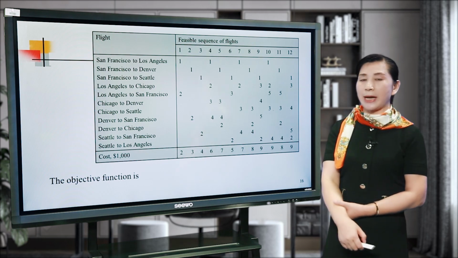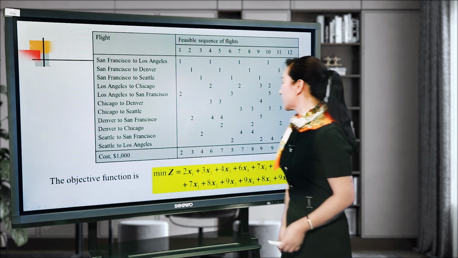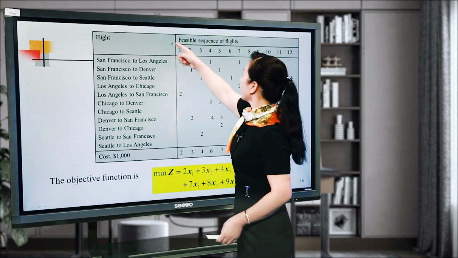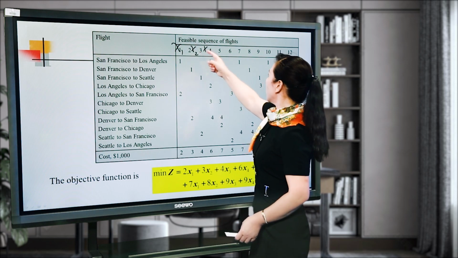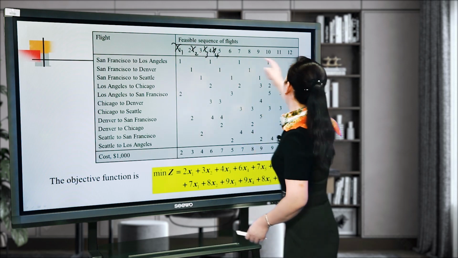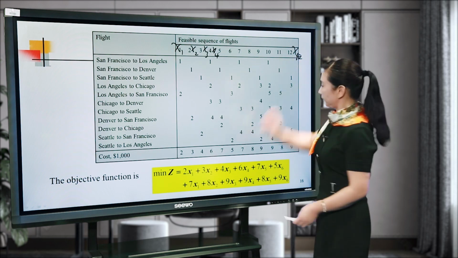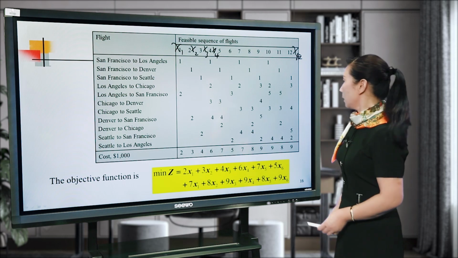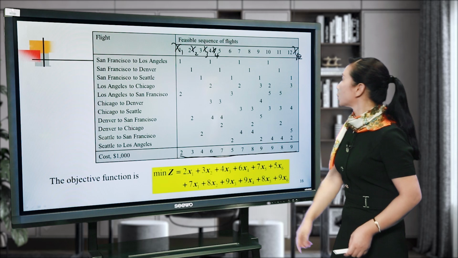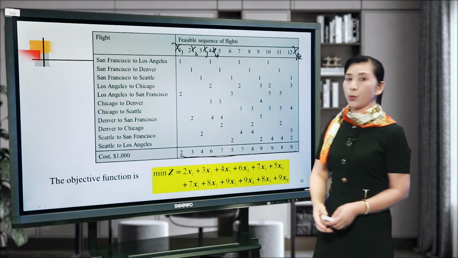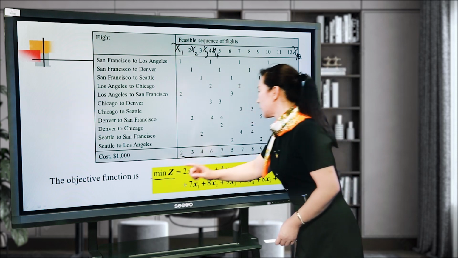So we can write the objective function as minimize total cost, x1, x2, x3, x4, and so on. So we multiply this cost by all decision variables. It is the objective function, minimize Z.